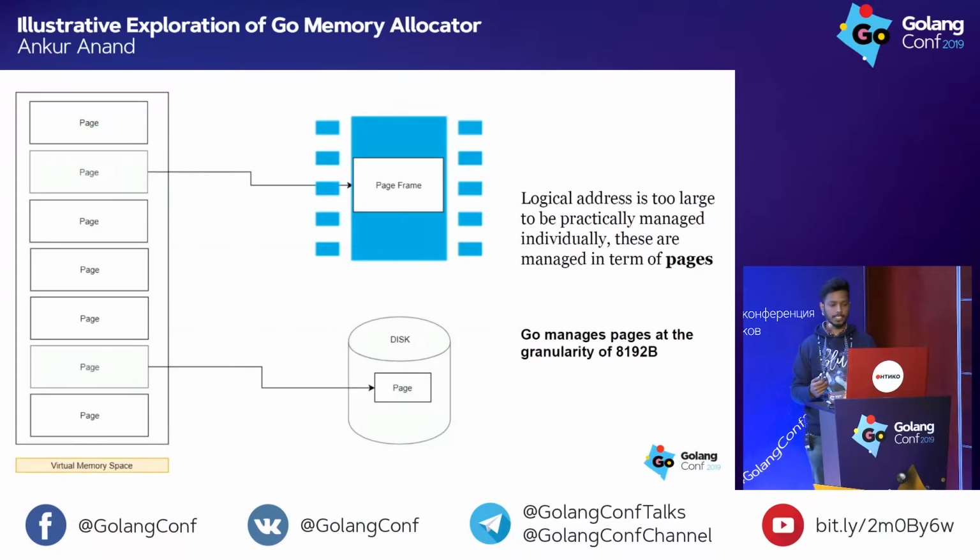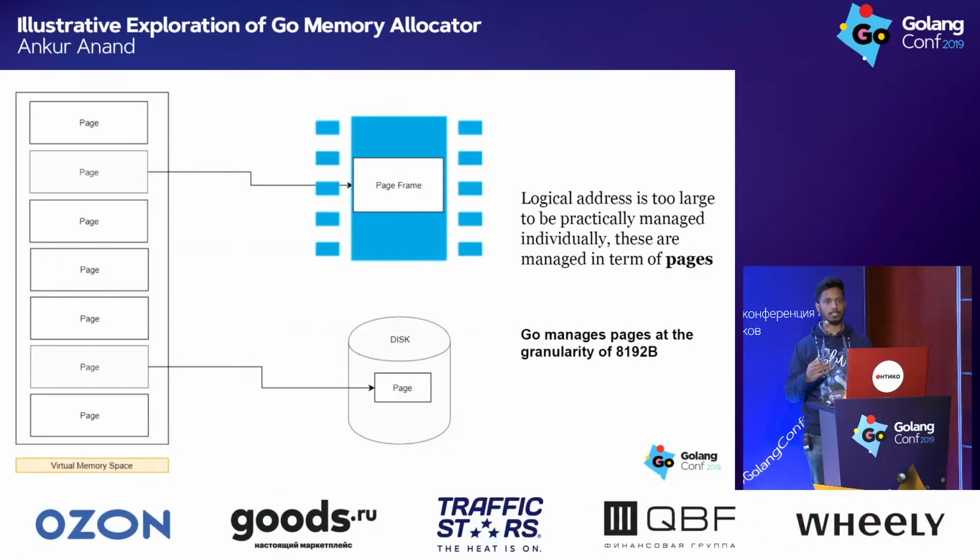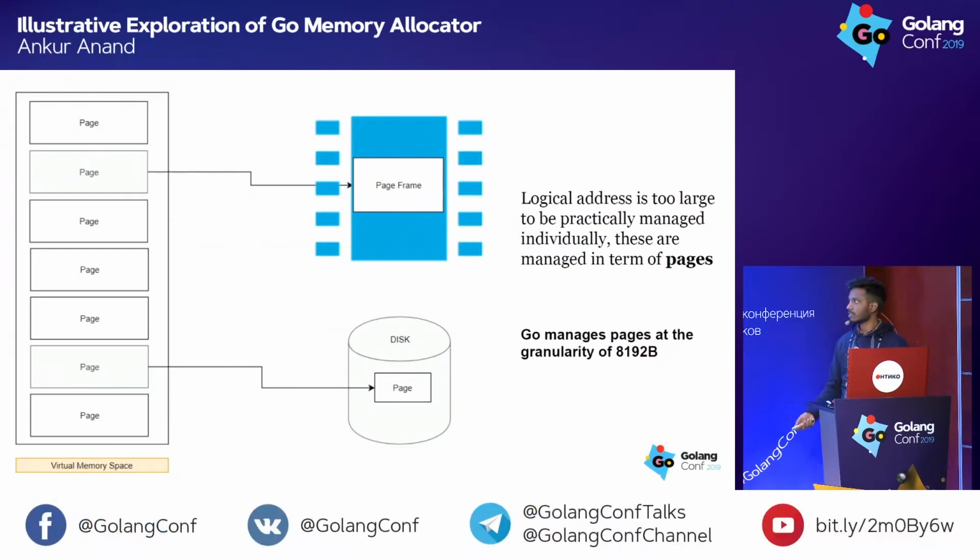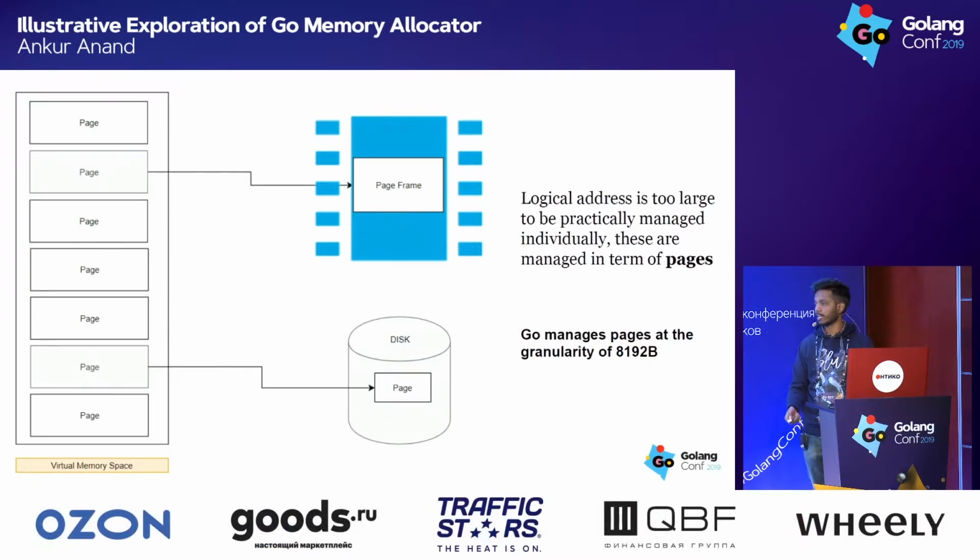It's quite tough to deal with all those bits and bytes individually, because the operating system also needs to maintain all those data structures where it maps this logical address to the physical address space. So it deals in terms of pages. Most operating systems like Linux deal with a size of 4 kilobytes. But Go manages this page size in terms of 8 kilobytes.